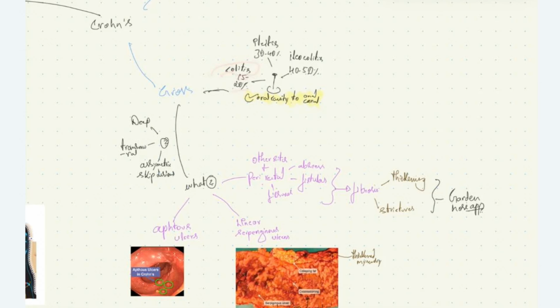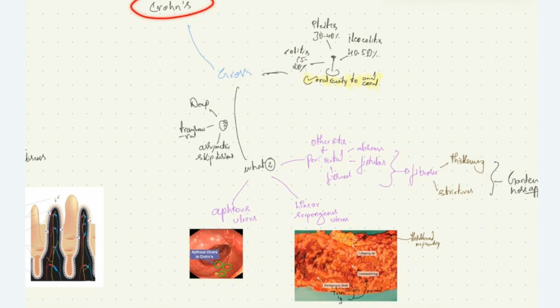The lesions in Crohn's disease are deep, transmural, asymmetric skip lesions, in contrast to ulcerative colitis, which has continuous superficial lesions. Now, what are the gross findings that we see?